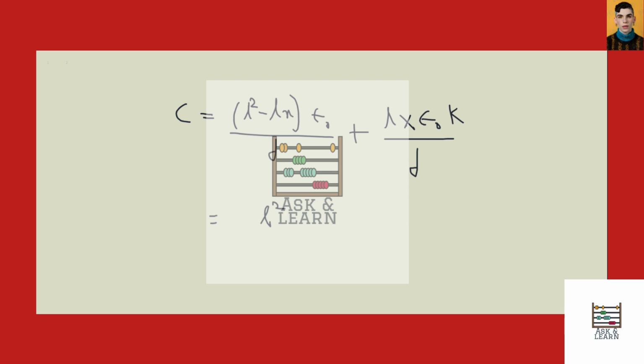Since there is a factor of L in everything, let's take L epsilon naught divided by D common from everything. Then we are left with L from the first term, x from the second term, and xK from this term.